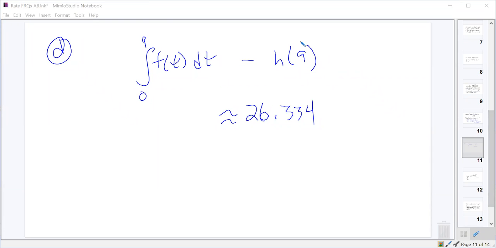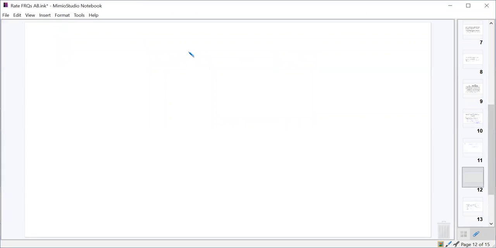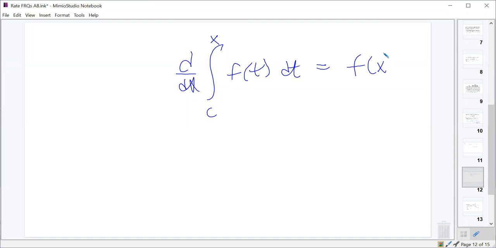Sure. The fundamental theorem of calculus, part 1, says that the derivative of an integral from a constant to x of any function just equals that function evaluated at x. That's the first part of the fundamental theorem of calculus. So suppose we had though something like a constant to x squared of a function.